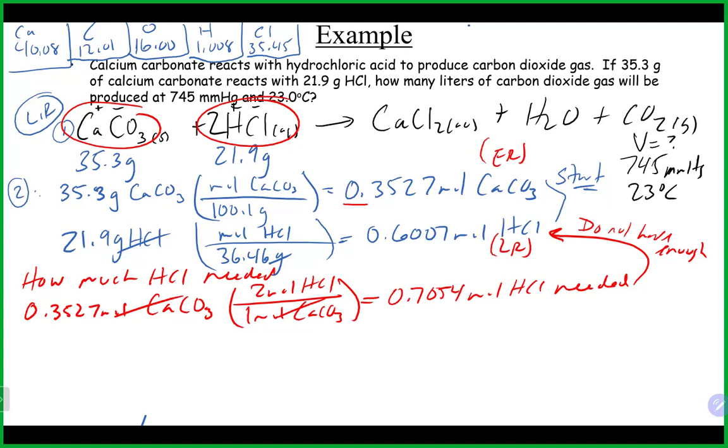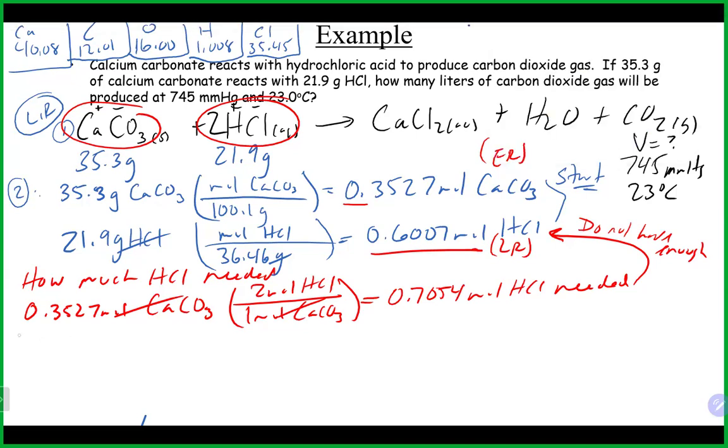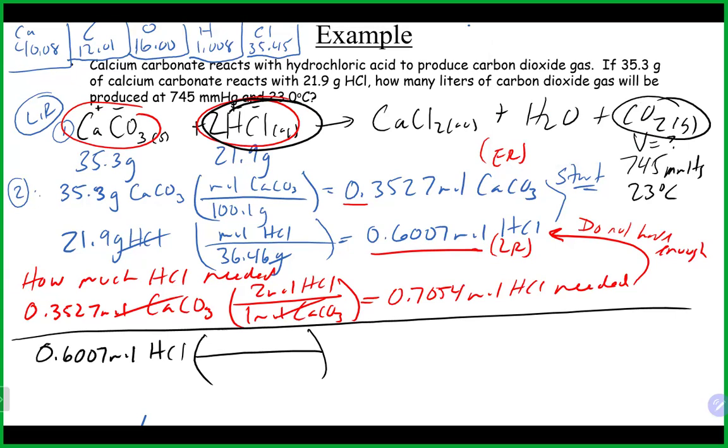Now, in this particular case, we want to figure out how much product we're going to produce based off of the limiting reagent always. So we'll use our starting amount of our limiting reagent to do the rest of the calculation to get our moles. We have 0.6007 moles of HCl. Remember, you want to start with the starting amount. We'll do our mole-to-mole relationship between the HCl and our CO2, and it is a 2-to-1 relationship between those two.